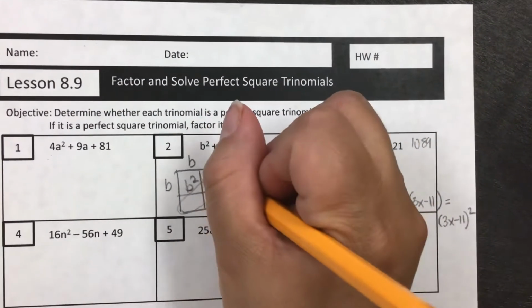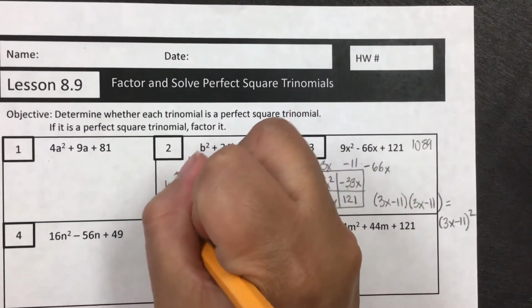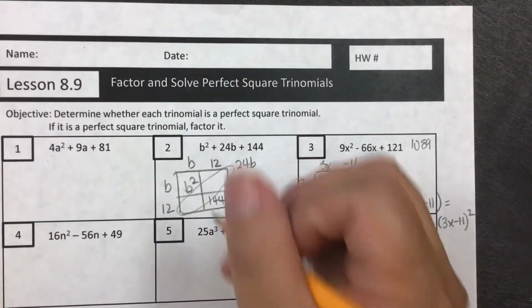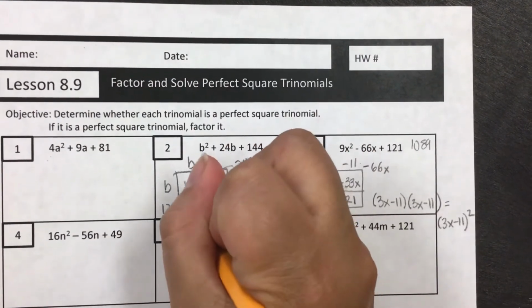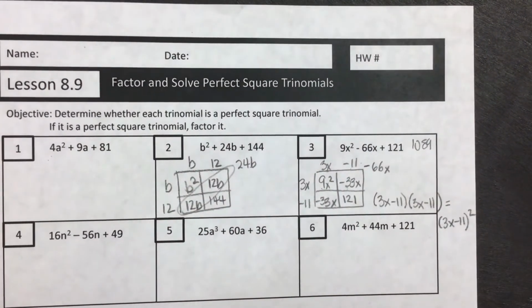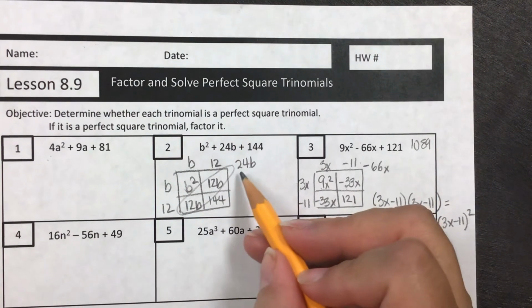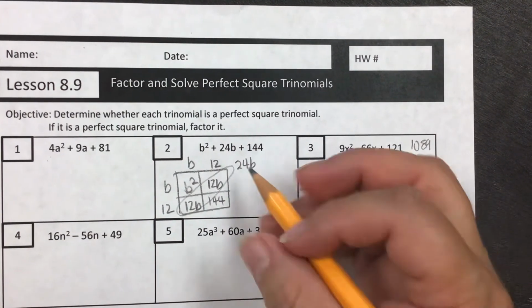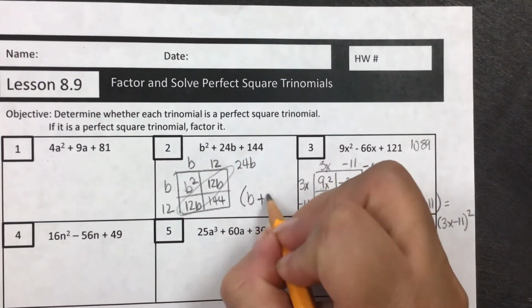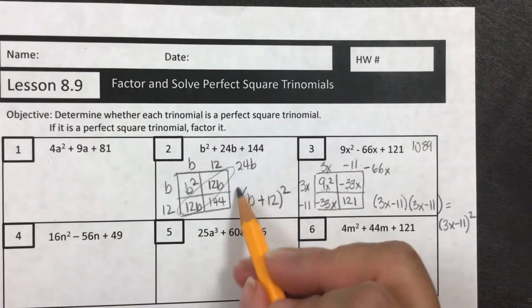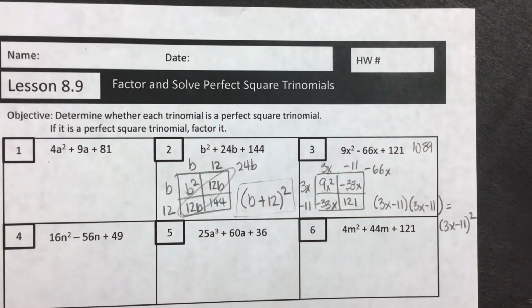Since we want them to be the same thing, this has to be 12 and this has to be 12, making this 12b and 12b. When you add them together, they give you a positive 24b, making the answer b plus 12 squared. So that's what the answers are going to be in this section.